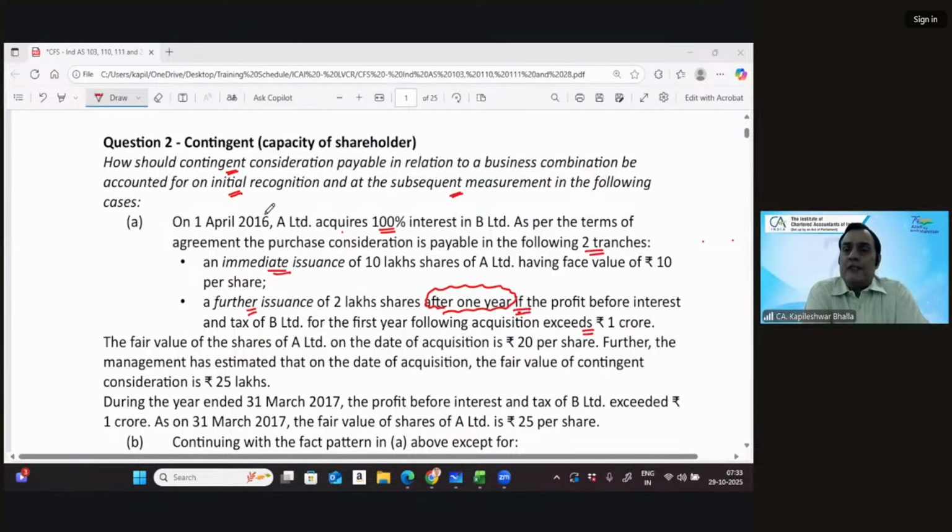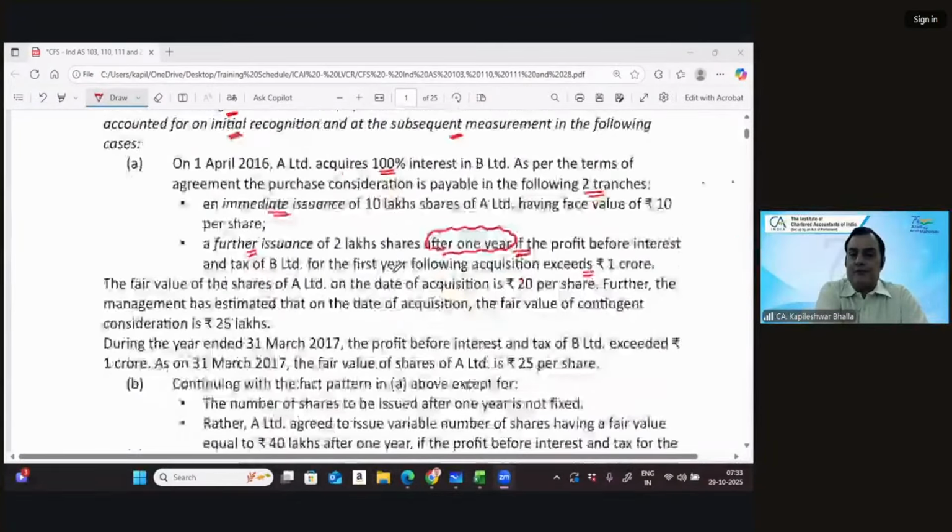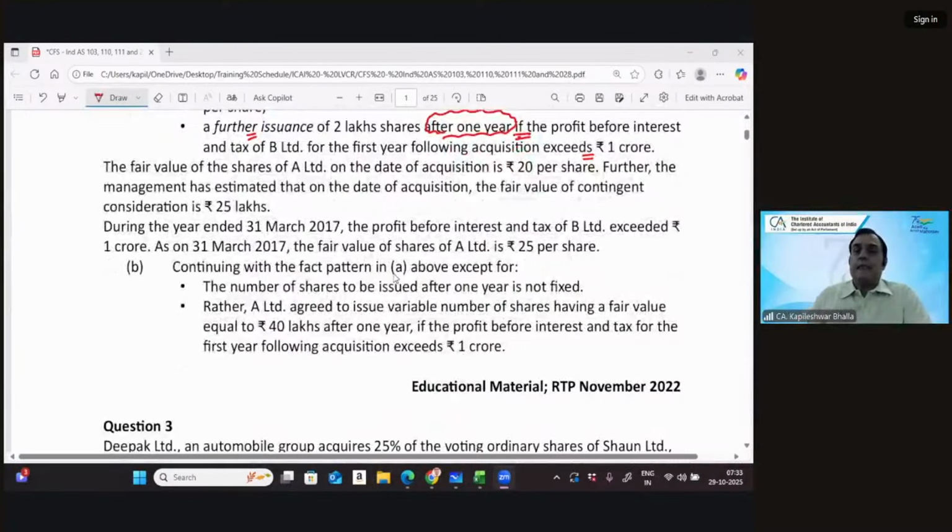It is undoubtedly CCS because the condition is not on future employment in this case. Then he says the fair value of the shares on the date of acquisition is 20 per share. Further, management estimated that on the date of acquisition, the fair value of the contingent consideration is 25 lakhs.